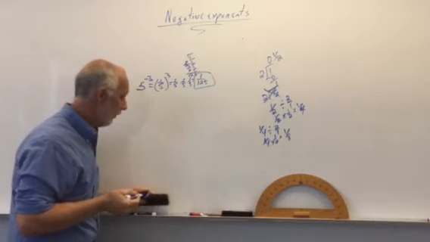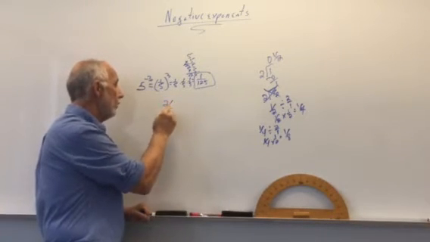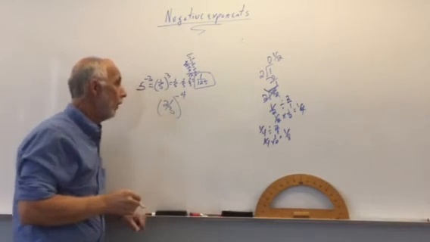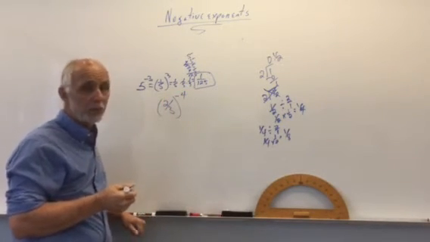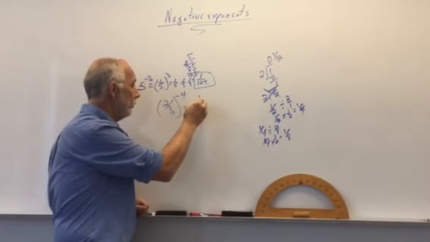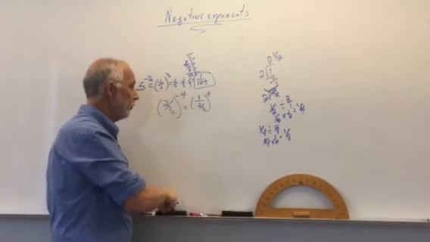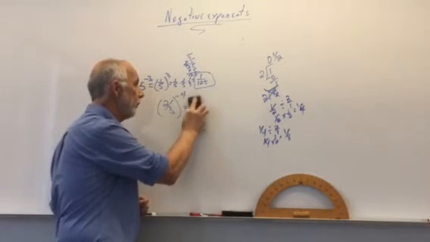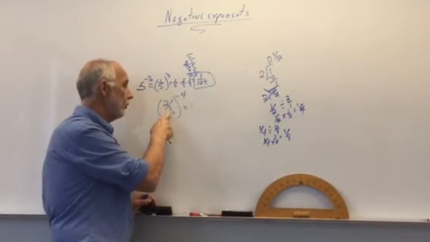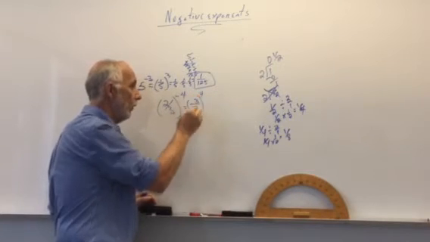Now, if you had a base number like 2/3 to the negative fourth power, I don't really want to make that 1 over 2/3 to the positive fourth power, because 1 over 2/3 means the reciprocal of 2/3. I could just make the reciprocal of 2/3, 3/2, to the fourth power.